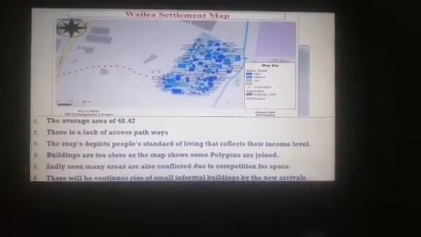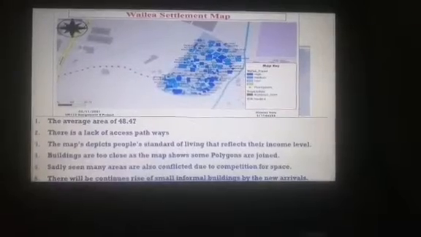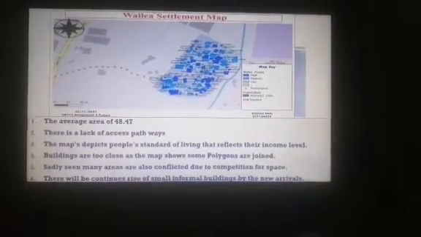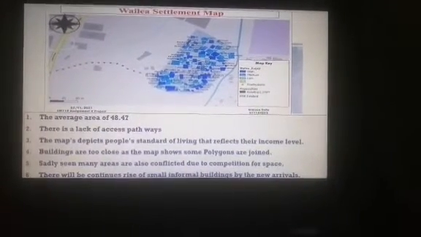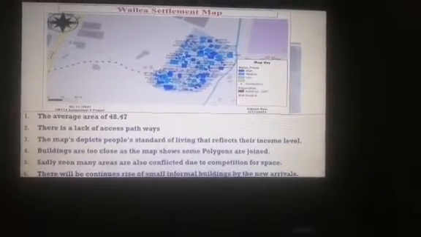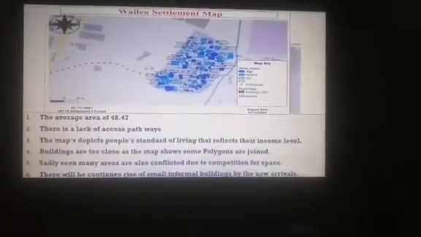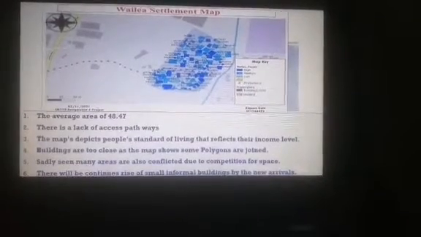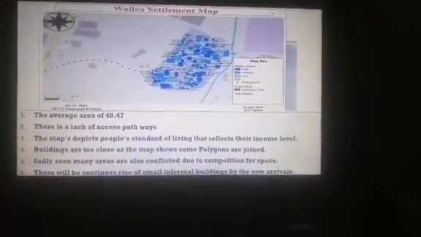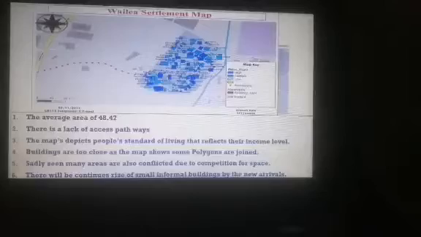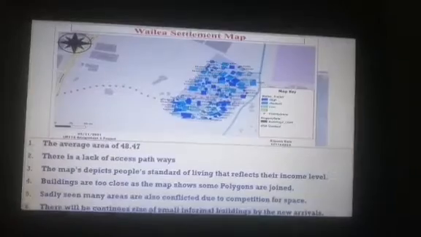This means buildings are densely populated, very close to each other. Boundaries are not clearly identified, and this will lead to conflicts. And the other one, it will lead to a high risk of contact with each other with the rising of COVID-19. So COVID-19 will affect everyone in the area because of the overcrowding.